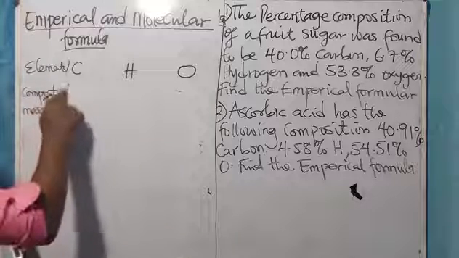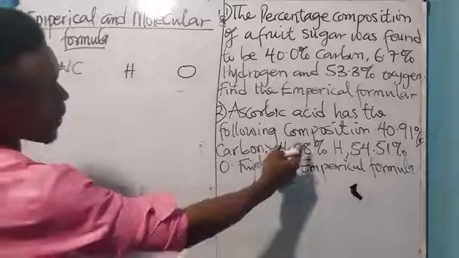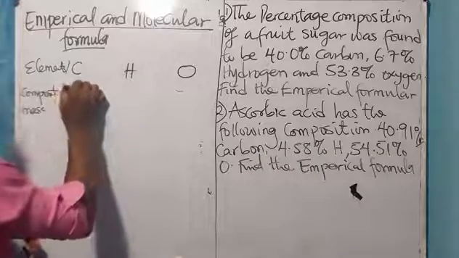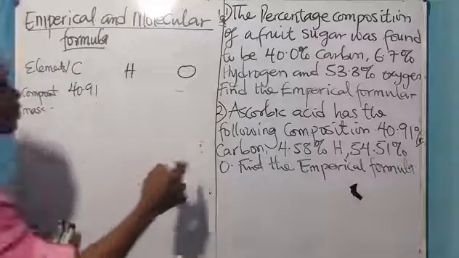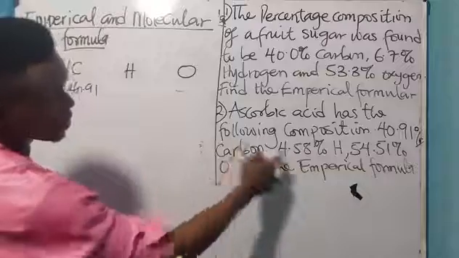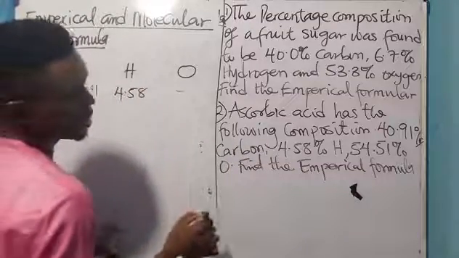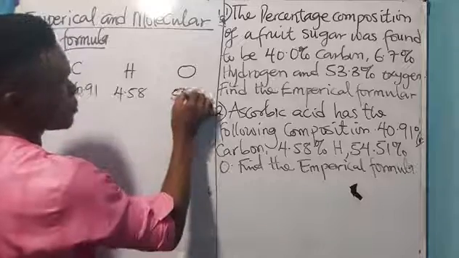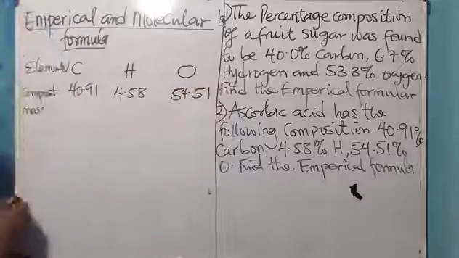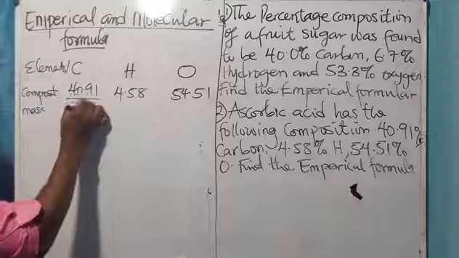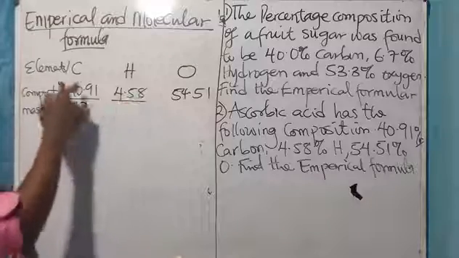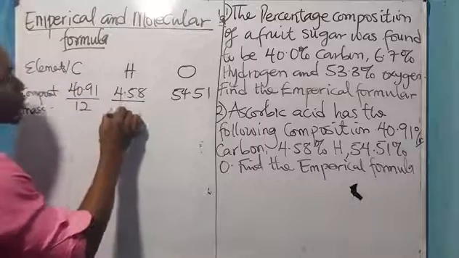You now have carbon is 40.91, hydrogen 4.58, oxygen 54.51. You know what to do, right? The next one is to divide each element by their mass number.